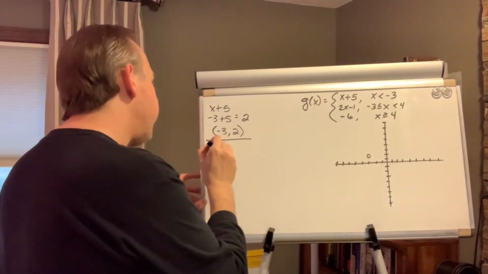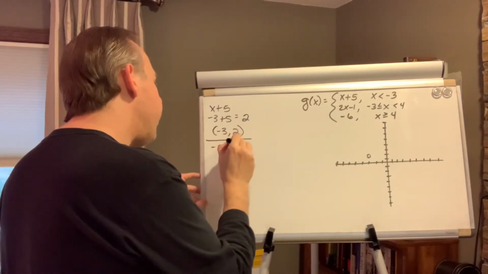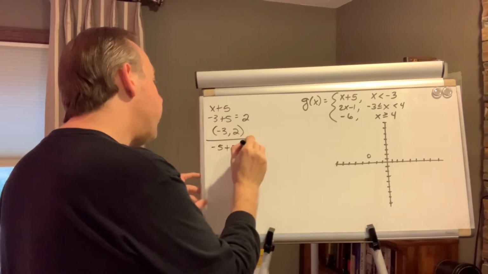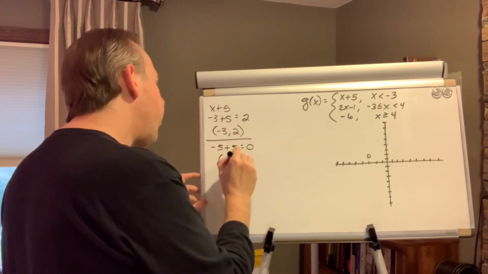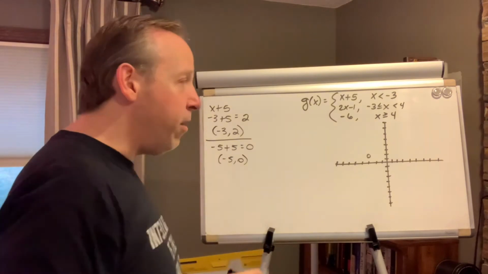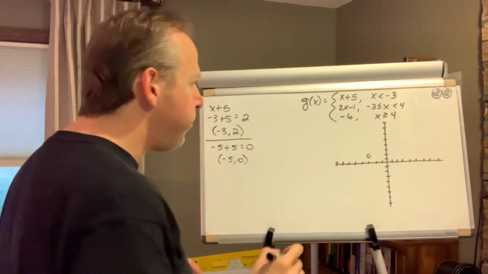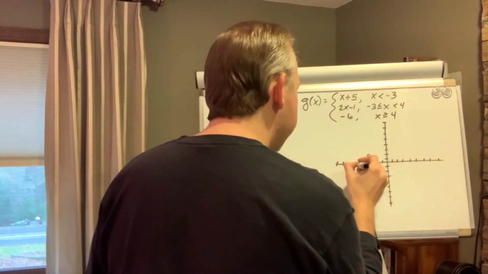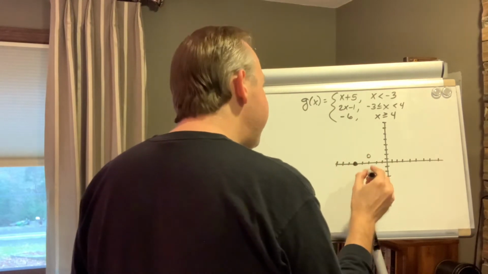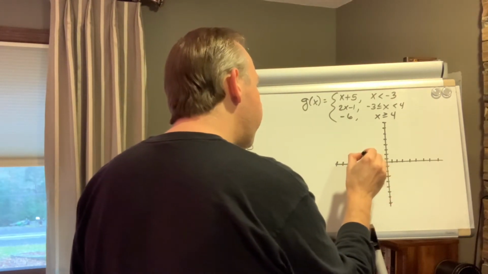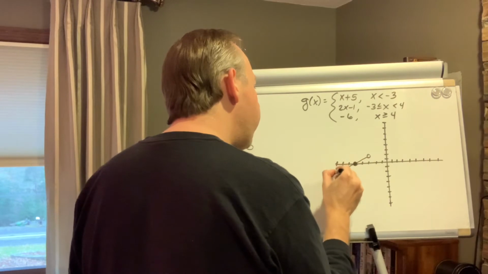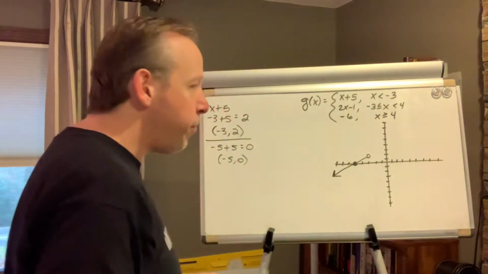Why not? -5 plus 5 equals 0. So the coordinate (-5, 0) is on my graph. That's easy enough. That's right here. Which means that it's going to go here and keep on going forever.